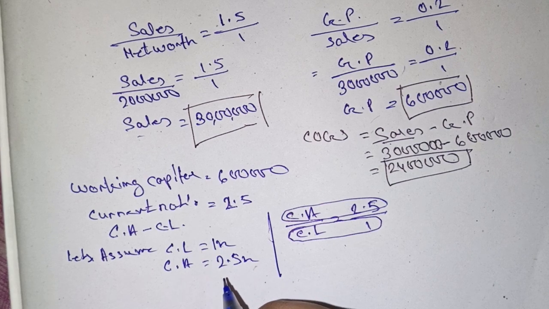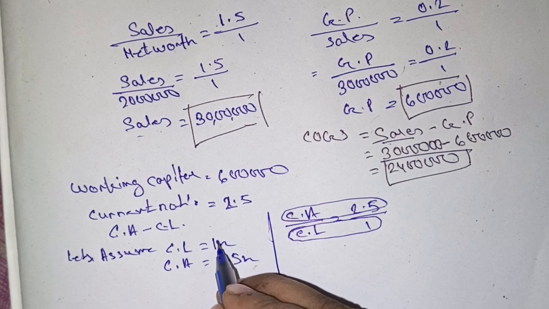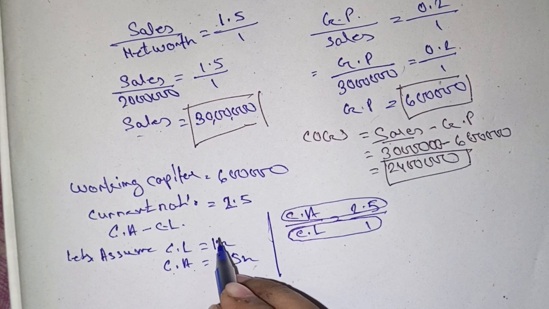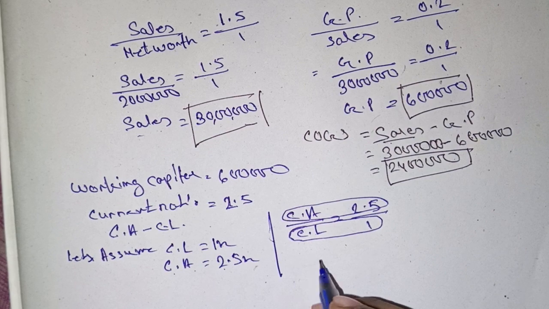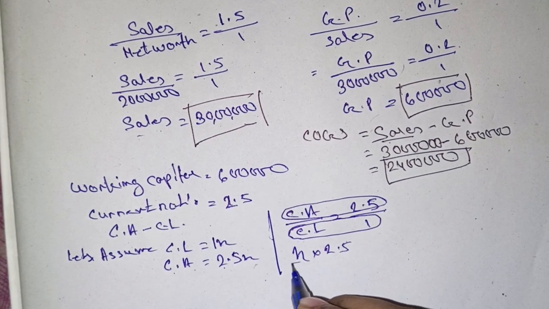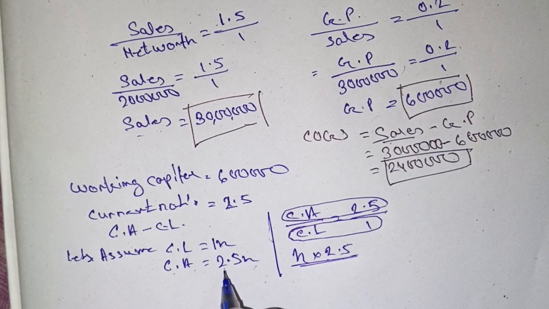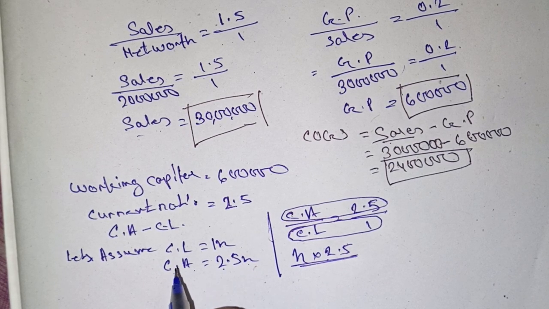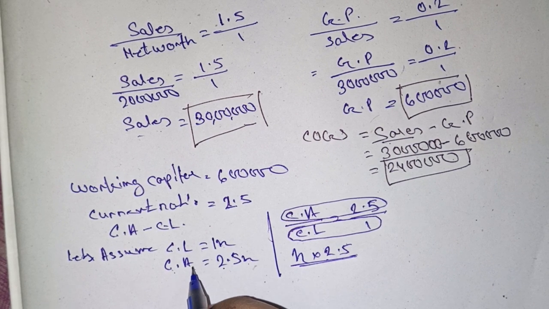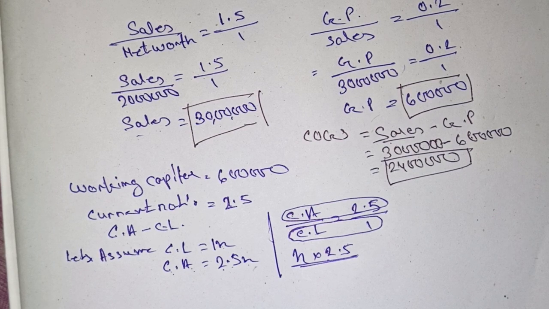You can say this is 1x or x, both are the same. And current asset will be 2.5 times this, so x multiplied by 2.5 gives 2.5x. So current liability is x and current asset is 2.5x.